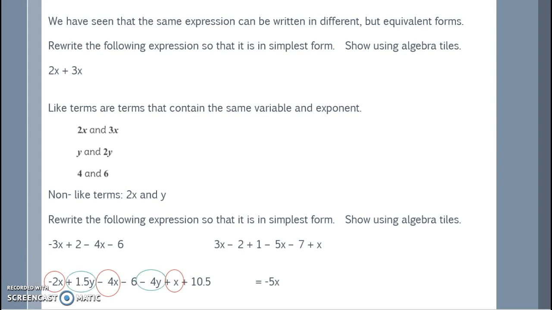I have 1 and 5/10 y minus 4y gives us a negative 2 and 5/10 y. And then finally, we can combine our whole number pieces. So negative 6 plus 10 and 5/10 gives us a positive 4.5, or 4 and 5/10.